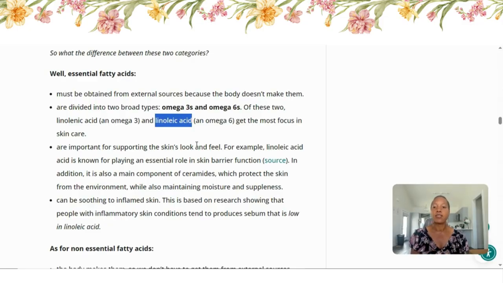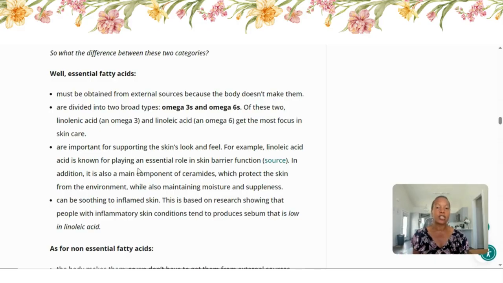If we focus, for example, just on the linoleic acid, which is the omega-6, that one is known for playing an essential role in maintaining the health of the skin barrier. Okay, and we know that when the skin barrier is not intact, when it is not in good health, all kinds of skin issues can pop up.